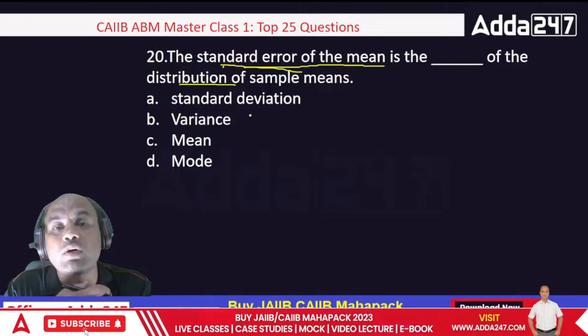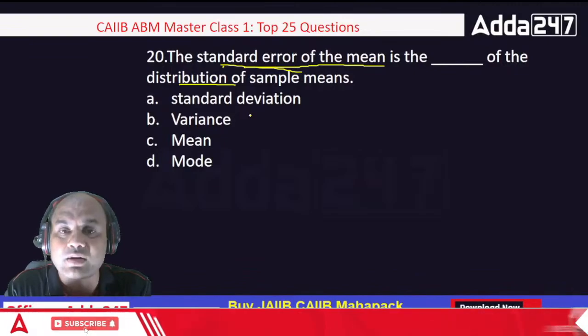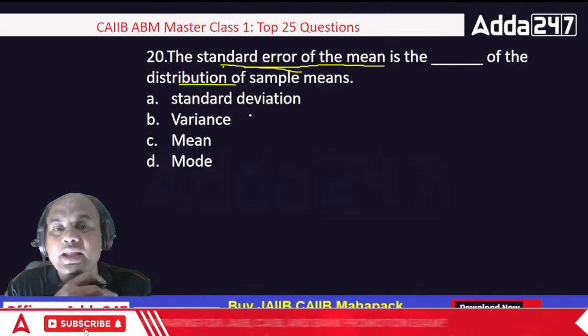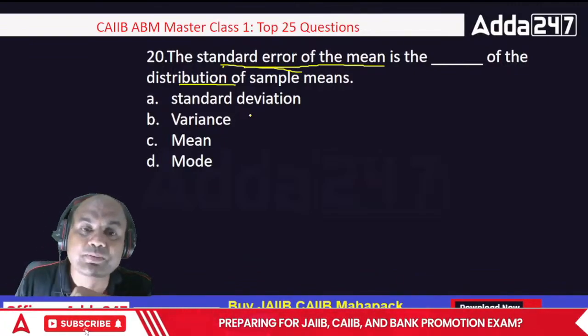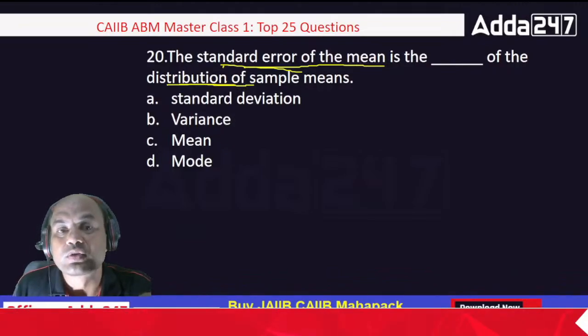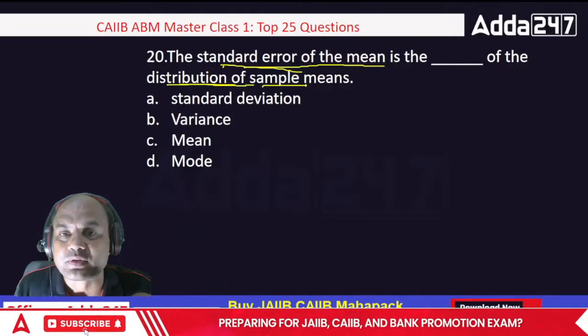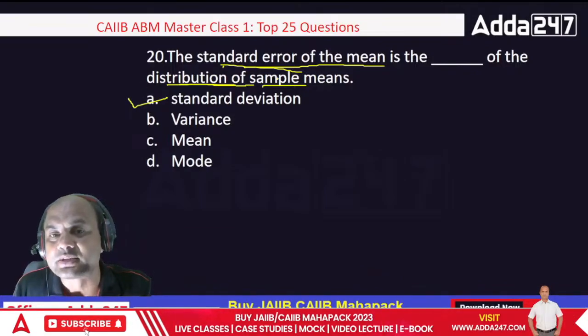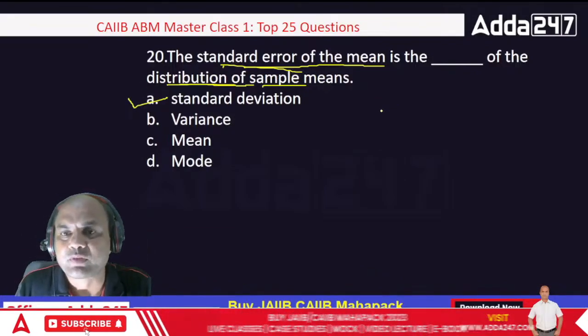So standard error of the mean, we are talking of standard error, is the dash of the distribution of the sample mean. What do you mean by distribution? Distribution means how it is distributed. So if sample means are distributed, then always remember it is the standard deviation of the means. Now understand one point.